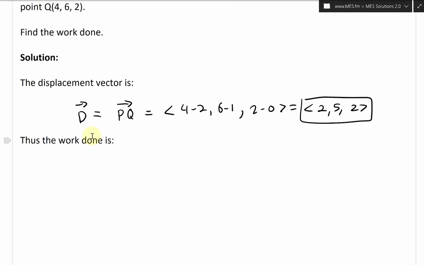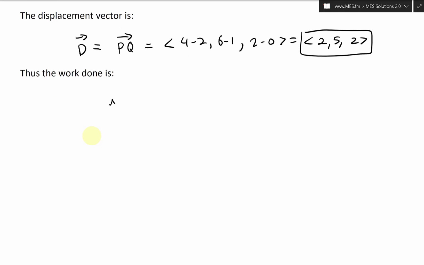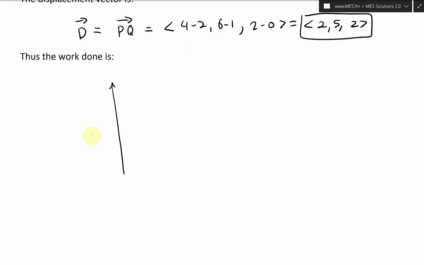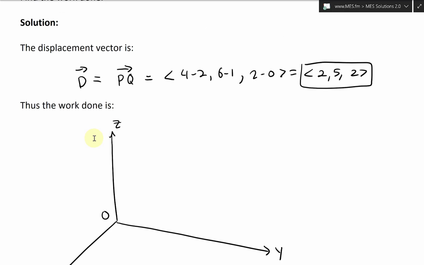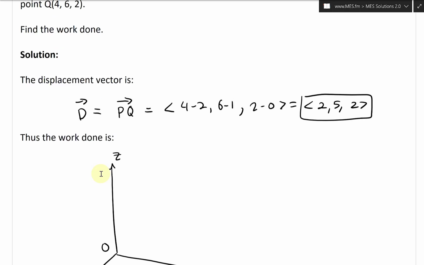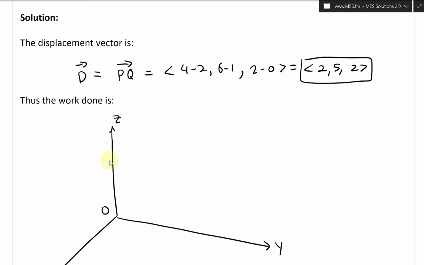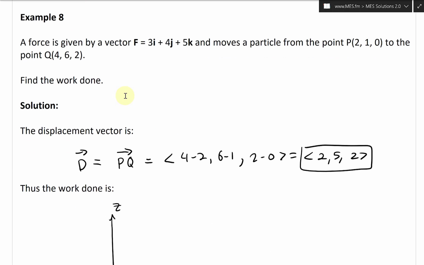All right, so thus the work done is, and before I do that, I just want to graph all of this in 3D just to illustrate what we're doing. This is going to be our Z component. This is going to be our Y, and this is going to be our X. Like that. This is going to be our 0 origin. And let's get some points here.